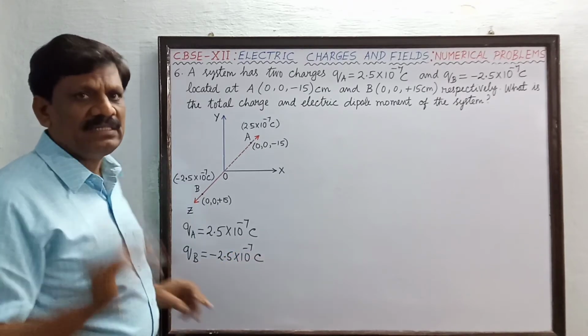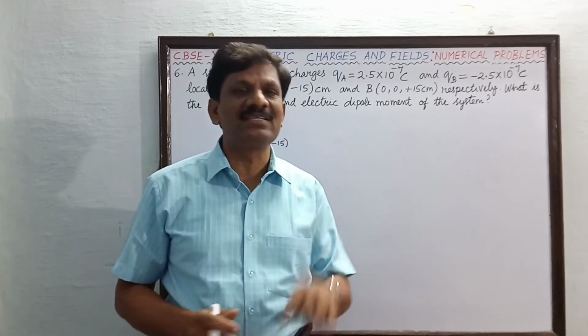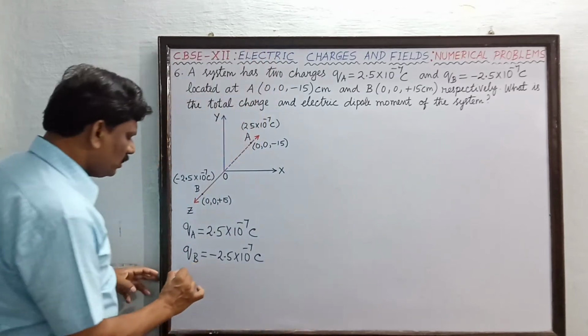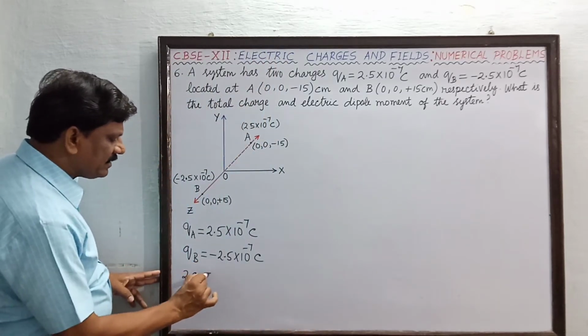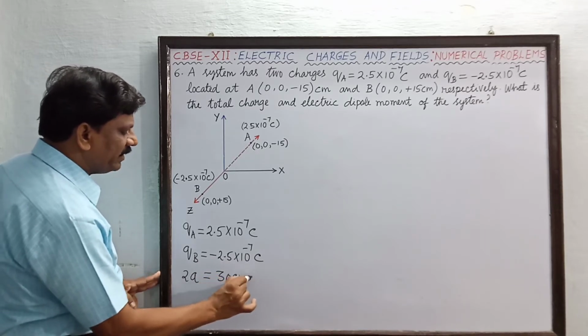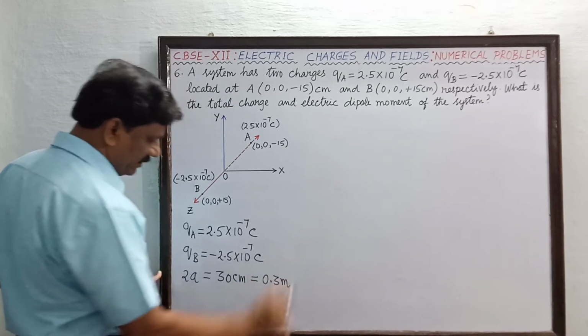Now normally the distance between these two charges making a dipole is represented by the letter 2A. 2A is a symbol, is it not? So the distance 2A is now equal to 30 centimeter, so this is equal to 0.3 meter.